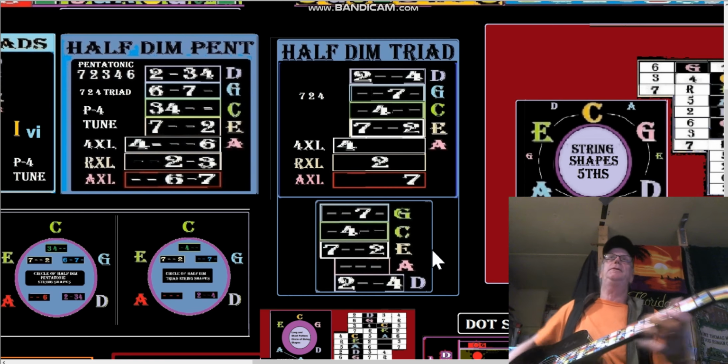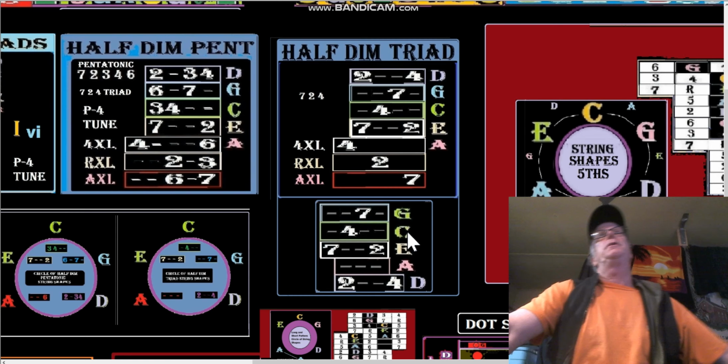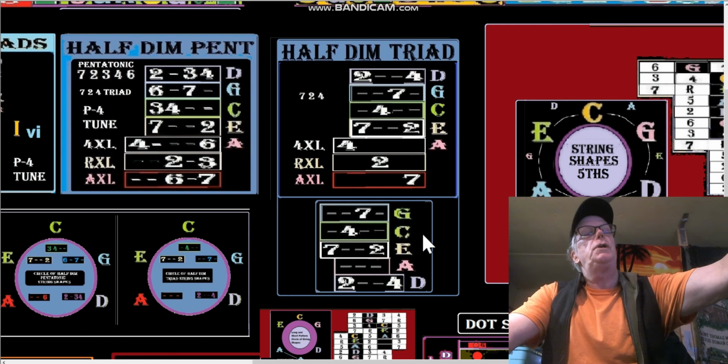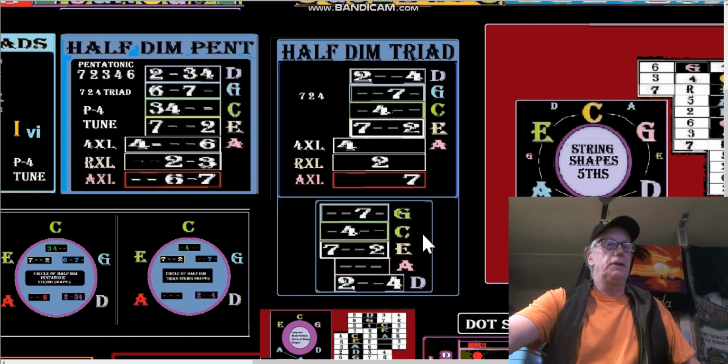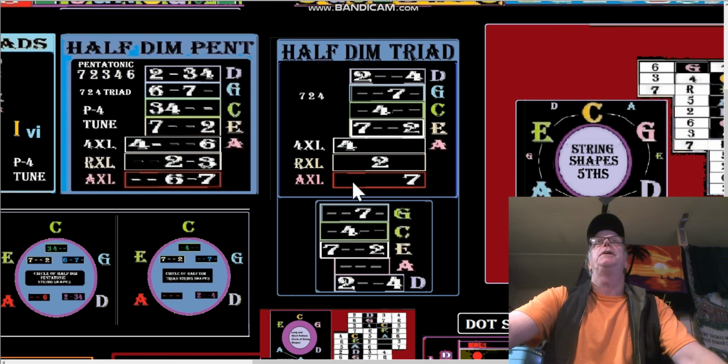All right. So that's string shapes for the half diminished. You could just remember the actual numbers without doing a substitution, because there's 3 minors, but there's only 1 half diminished. And by the way, talking about unique modes, let's talk about the dominant.